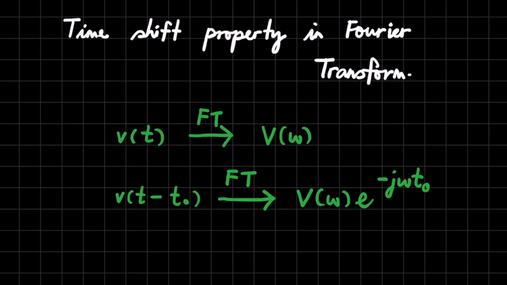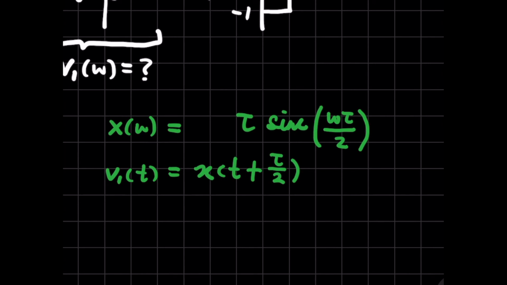Again, based on the time shift property in Fourier transform, we know X(omega), and we also know v1(t) equals x(t plus tau over 2) in the time domain.